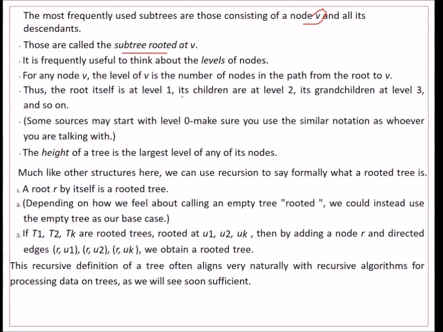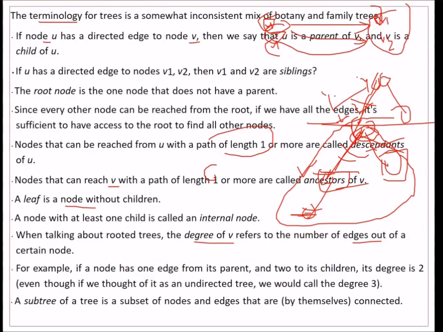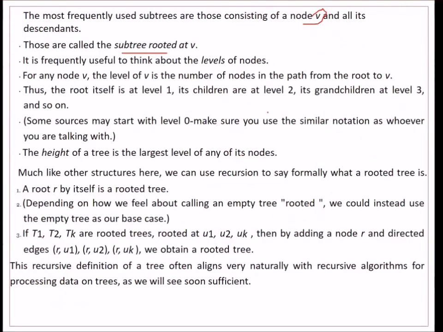The root itself is at level 1. Then children are at level 2 and grandchildren at level 3, and so on.